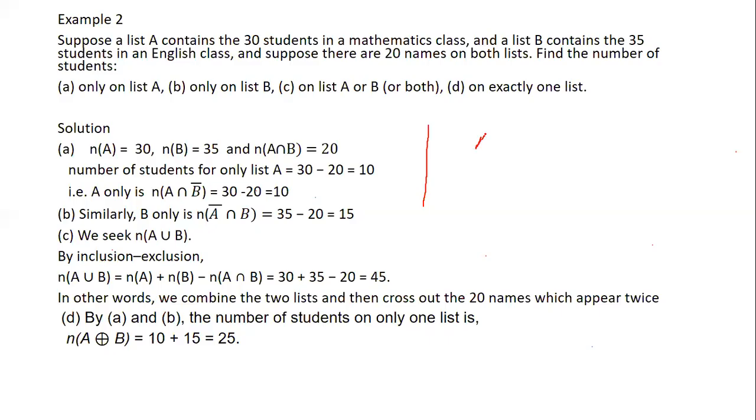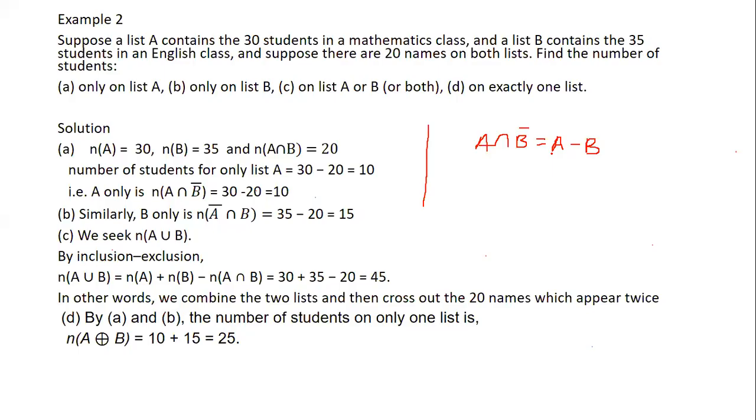A intersection not B is the same as A minus B. We want only A, so we subtract all the B from A. Are you okay? We did this one, the relative complement.